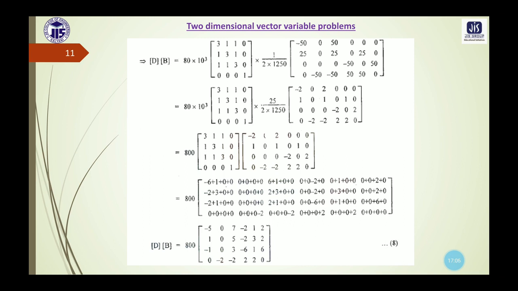We need to perform this multiplication sincerely, otherwise there may be some mistake which will lead to a wrong result. This matrix multiplication is actually known to us, but for this 4 by 4 and 4 by 6 matrix multiplication, we need to perform it very carefully. And finally the result of this matrix multiplication of D and B matrices is represented as equation number 8.